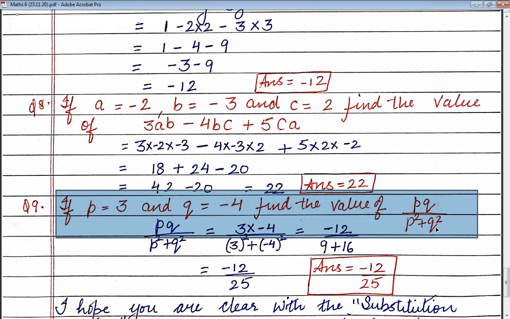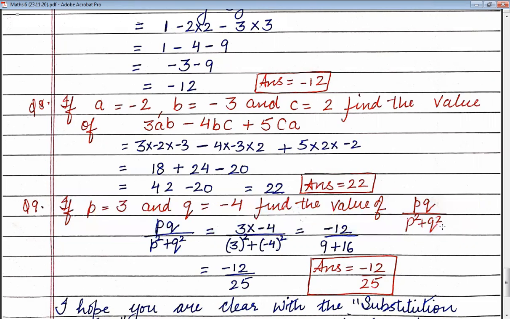Now children, how many variables in this question? Yes, it's 2. Can you name the variables? Variables are P and Q. And the values of variables in this question are 3 and minus 4.